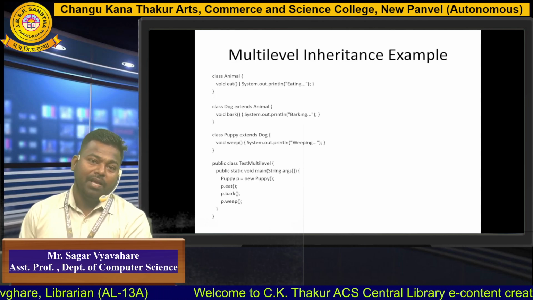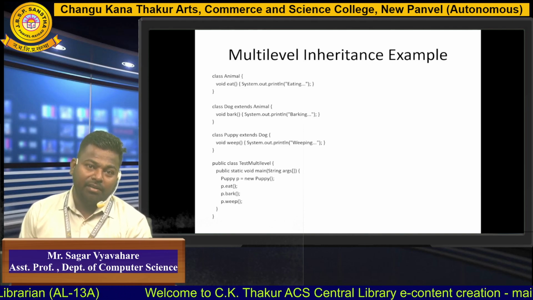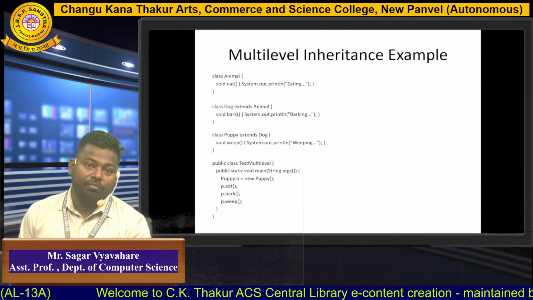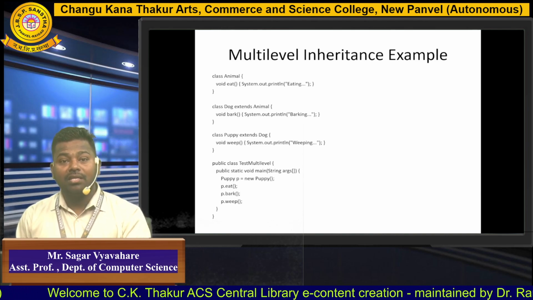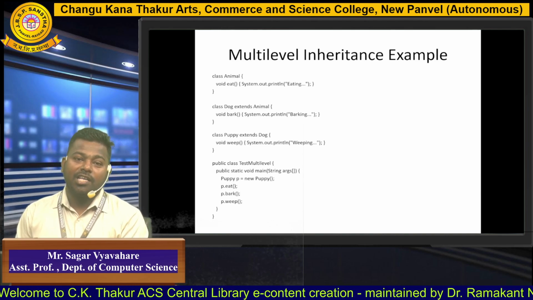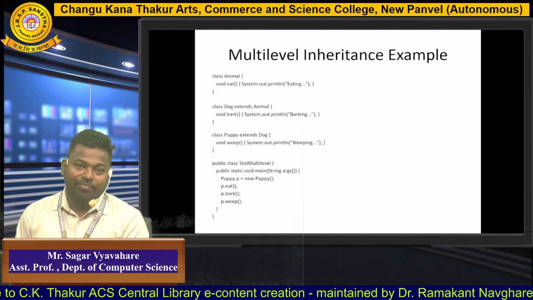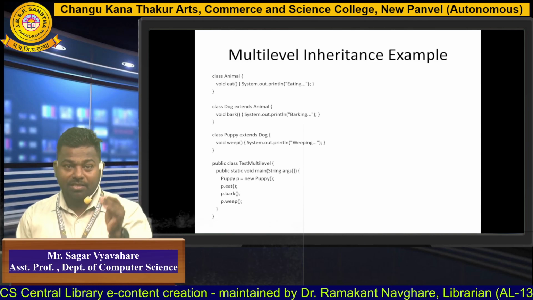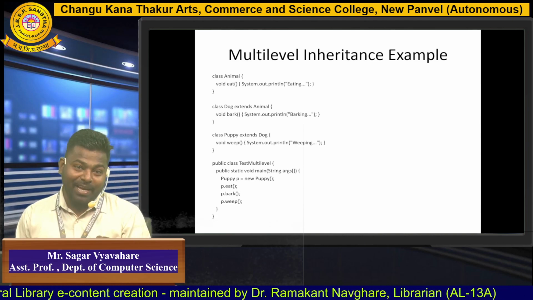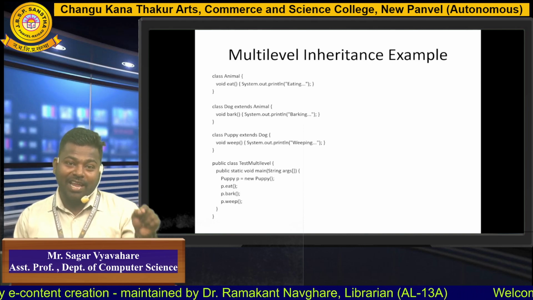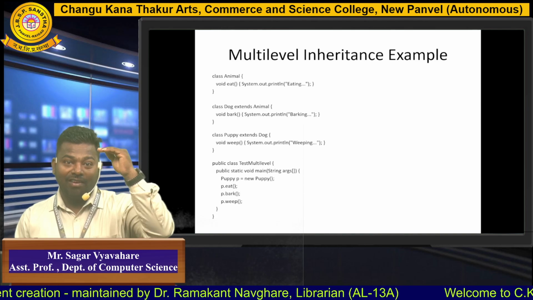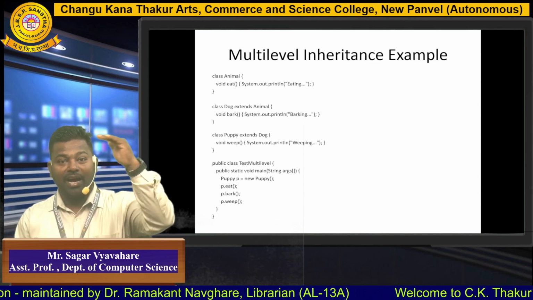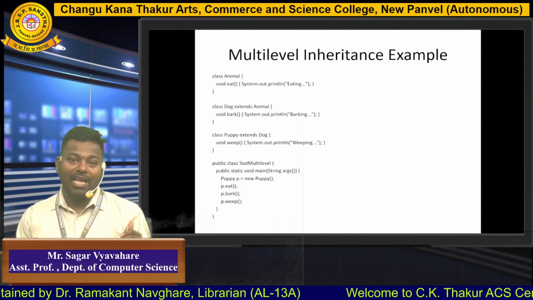Let's start with the second example, multi-level inheritance. Here you can see that class Animal has the method eat, class Dog has the method bark, and the Dog class is now extended by class Puppy. So the Animal class is extended by Dog, which is extended by Puppy. At level 1 is the Animal class, at level 2 the Dog class, and at level 3 the Puppy class.